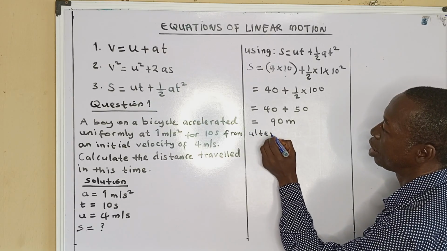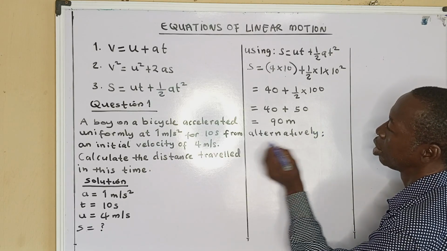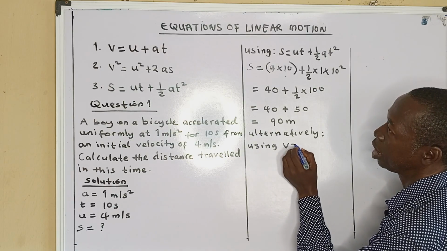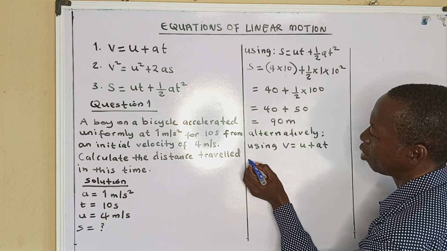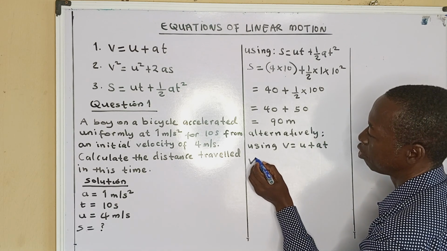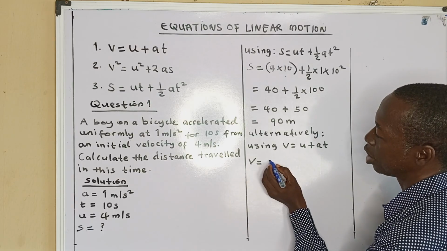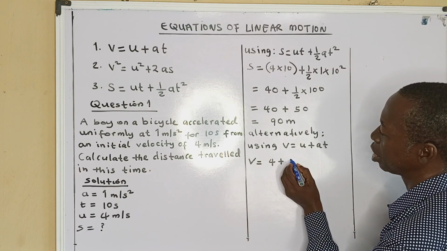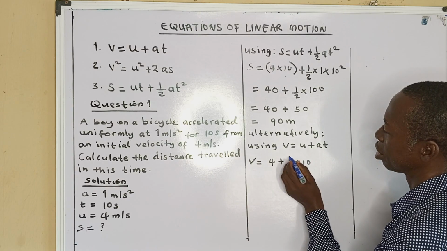Alternatively, using v equals u plus at, I will find my v first of all. v, which is final velocity, is u, that is 4, plus a is 1, then multiplied by t, which is 10.